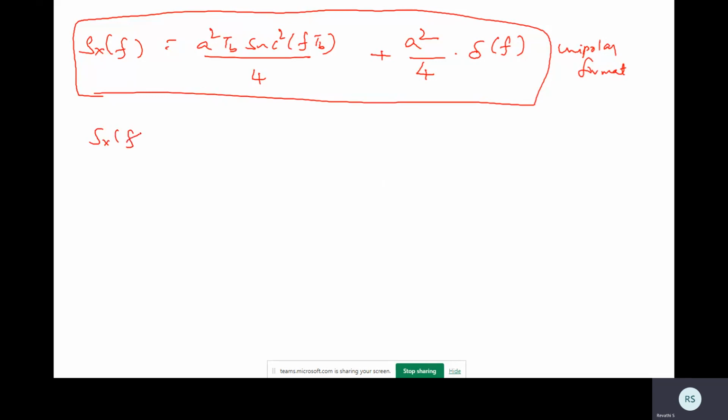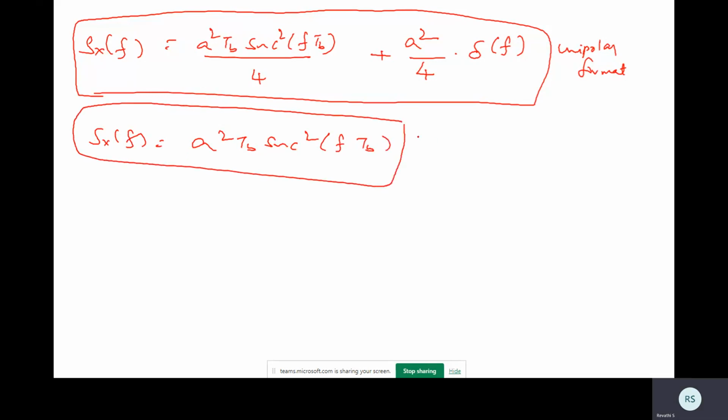For polar format, Sx of f is A square Tb sinc square of f Tb. For Manchester format, Sx of f is A square Tb sinc square of f Tb by 2 into sinc square of pi f Tb by 2.